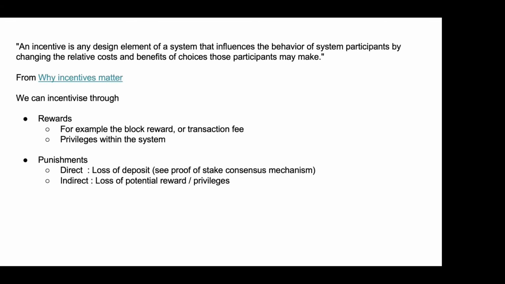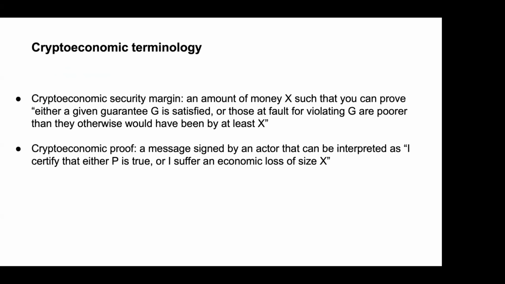And then on the flip side to that, you can have punishments. So you might have a direct punishment, such as the loss of a stake in the system, for example in proof of stake, or if you have a privilege in the system, a particular role, maybe you would lose that role if you behave maliciously. So two ways to incentivize behavior.